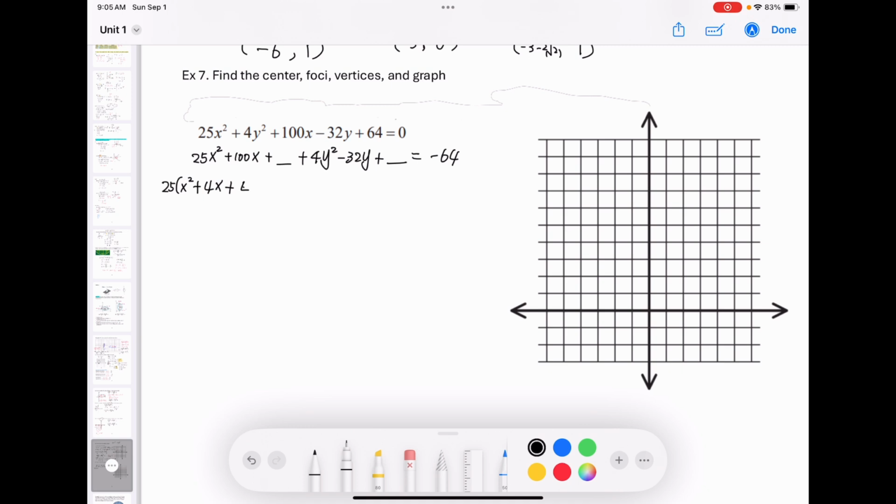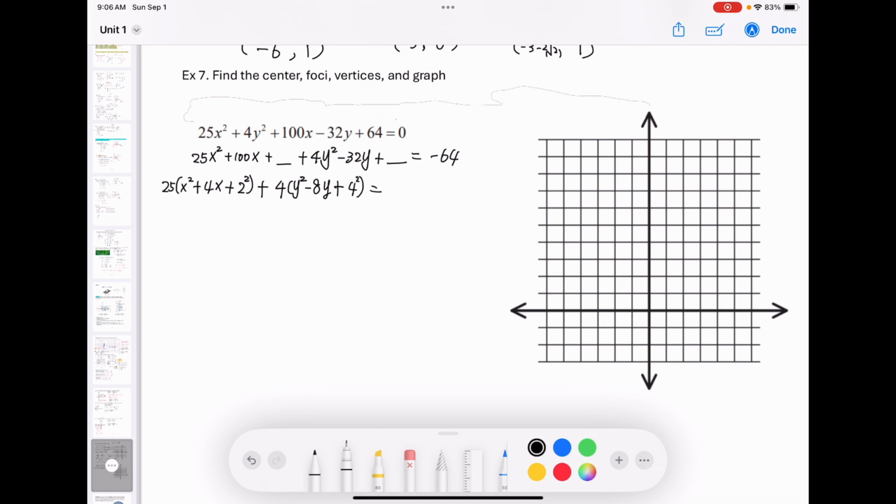It is 4, you can also just say 2 squared. And then plus the y part, factor out the 4. We have y squared minus 8y, since factoring the 4 out of -32 gives -8. Then plus half of 8, which is 4 squared.